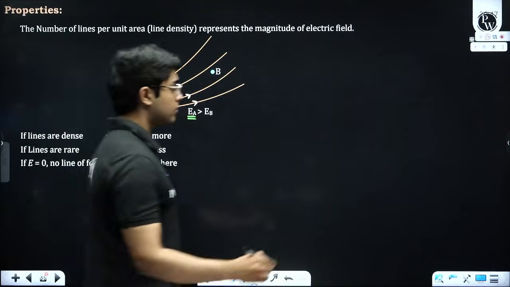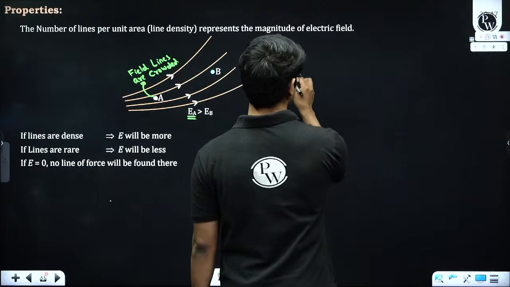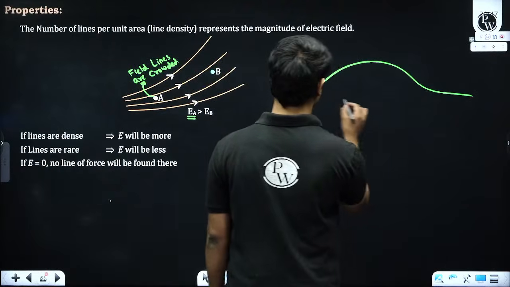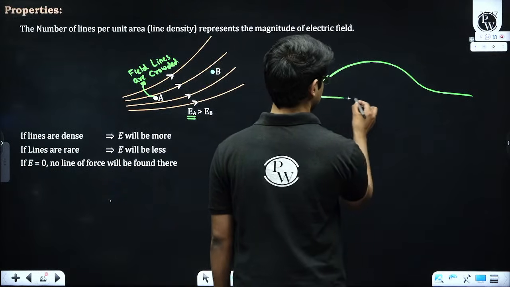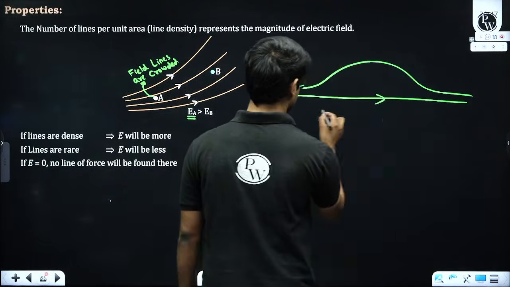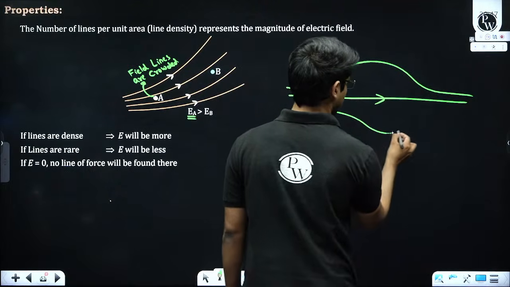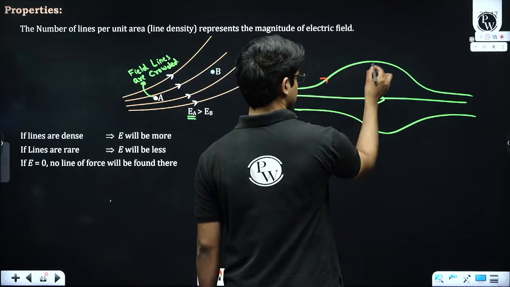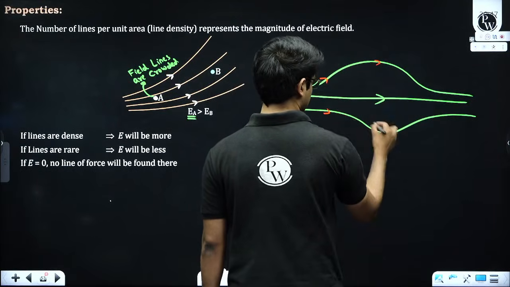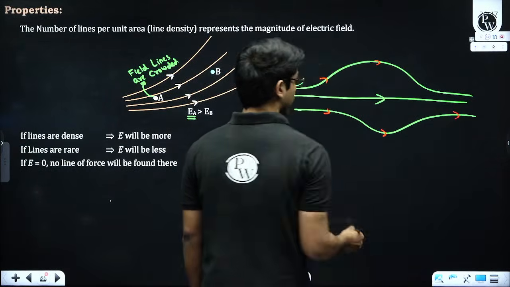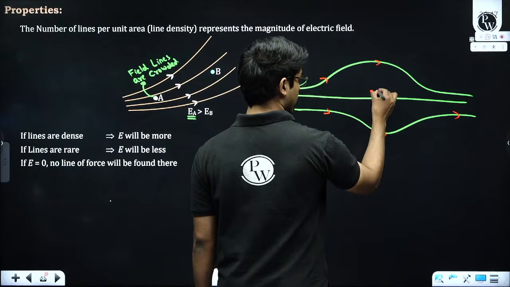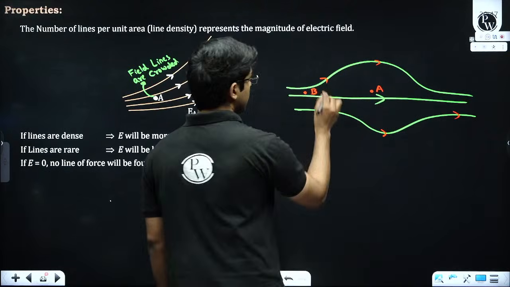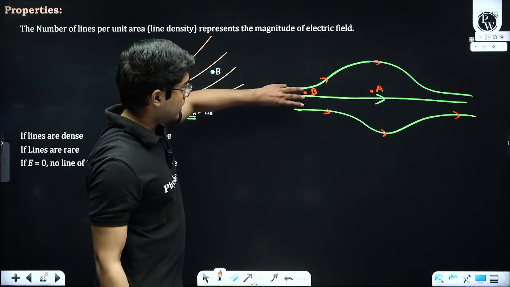Another example could be something like this. We can have a field pattern like this. If I have to compare the field at this location, A, versus this location, B, it is easy to say that at B there is more crowding.